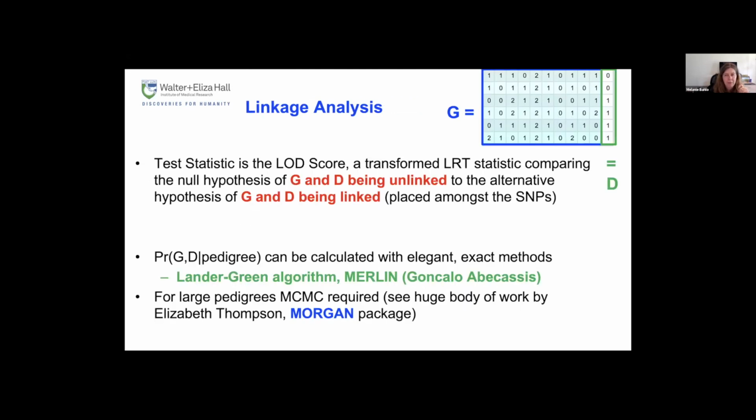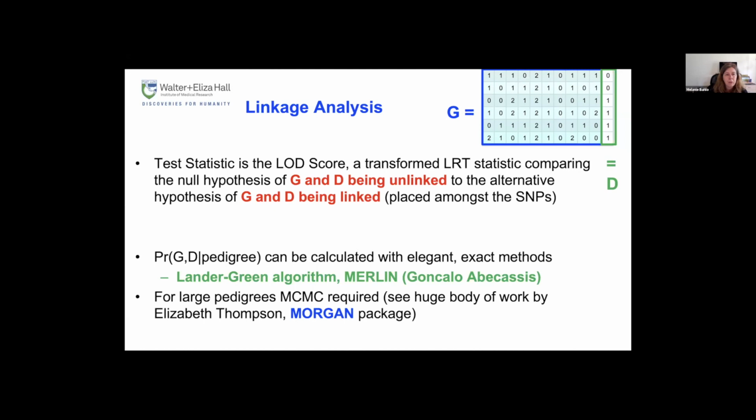So let's go back to the actual algorithm that's needed in order to perform linkage analysis. And we really want to utilize the wonderful statistical frameworks that serve us so well in many of our other statistical endeavors. The test statistic of choice in linkage analysis is something called the LOD score, which is really just a transformed likelihood ratio test statistic.